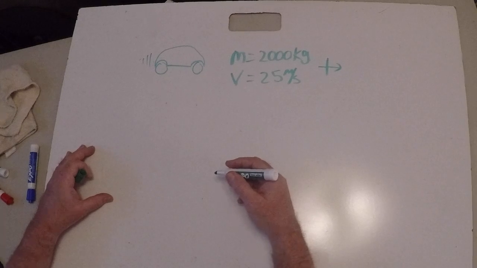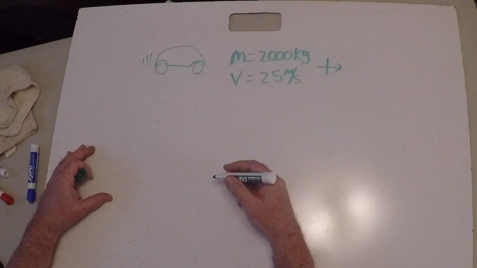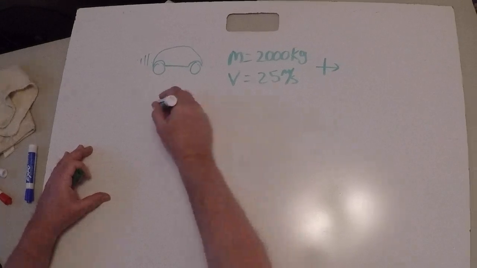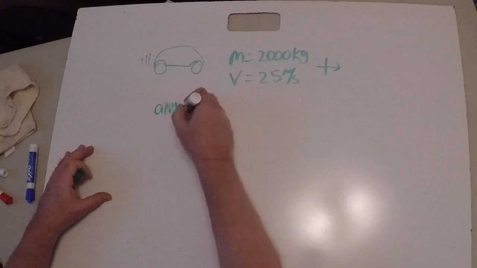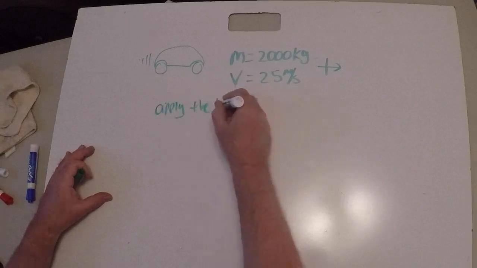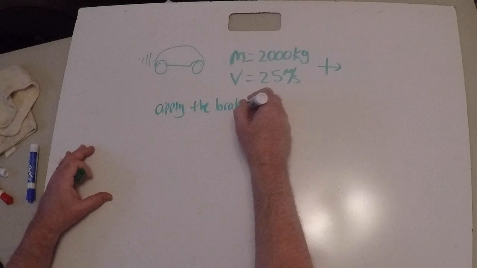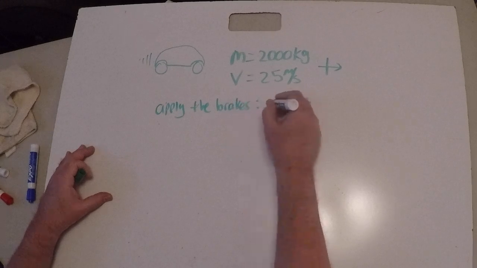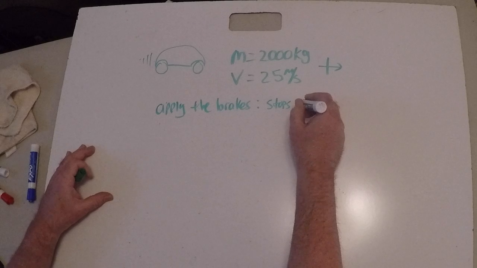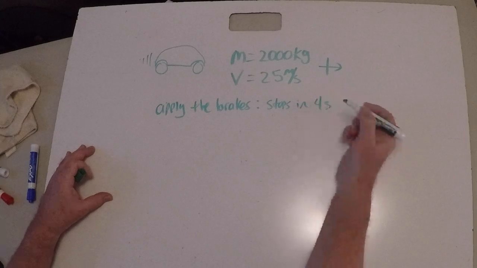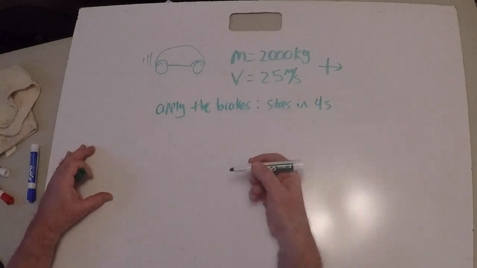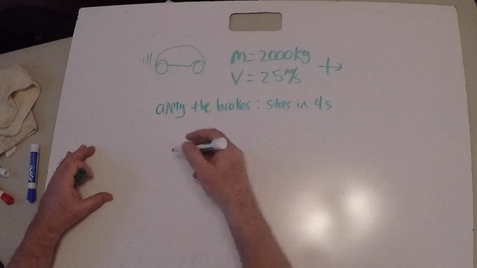We're going to look at two examples of how this car can stop, and this is very similar to one of the example problems in the book. If the driver applies the brakes, this car can stop in 4 seconds. Now let's say the car can't apply the brakes. Maybe it's icy, whatever.